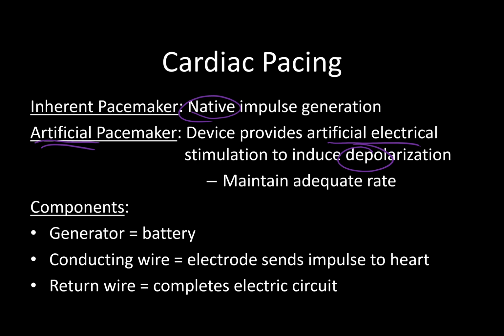The goal of all of this is to maintain an adequate heart rate. And in fact, that's the indication for placing a pacemaker pretty much all the time. It's the idea that once it's been established that the patient has a bradycardia, and that's the big one.